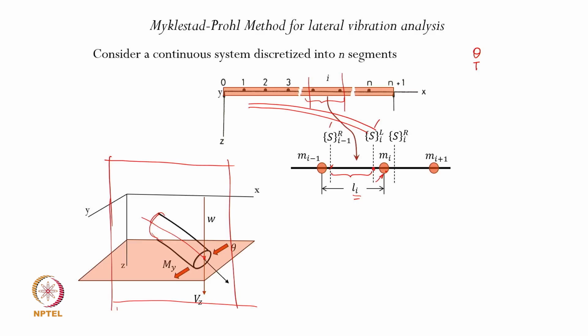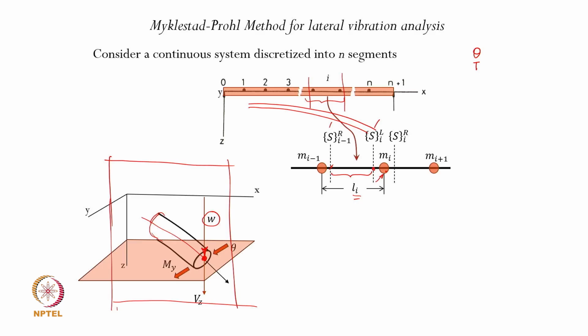Let's look at this particular end of that segment. That segment is having a vertical displacement along positive z direction. So now in this case, the deflection on the rightmost end of that segment is defined as W, the deflection in z direction.